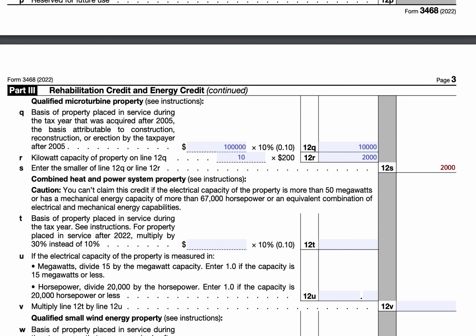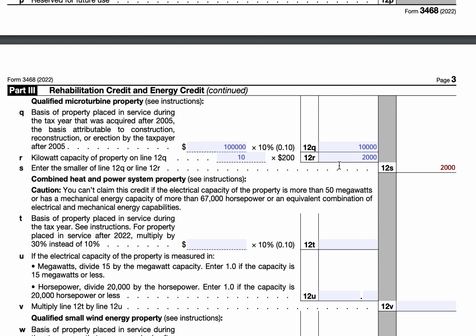So a combined heat and power system property simply means that it uses the same energy source for the simultaneous or sequential generation of electrical power, mechanical shaft power, or both. It determines an energy efficiency percentage on a BTU basis, and it has an energy efficiency percentage over 60%, and it produces at least 20% of useful energy as thermal energy, and 20% of its total useful energy in the form of electrical or mechanical power.